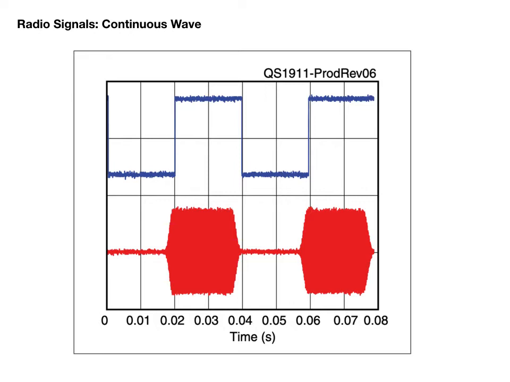Theoretically, the bandwidth or range of frequencies that the signal occupies is zero, but because the CW waveform has a finite rise and fall time, as you can see in this figure, a CW signal will have a bandwidth greater than zero, and CW signals with fast rise times will have a higher bandwidth than CW signals with a slower rise time. From a practical point of view, a CW signal will have a bandwidth on the order of 100 to 200 Hertz.